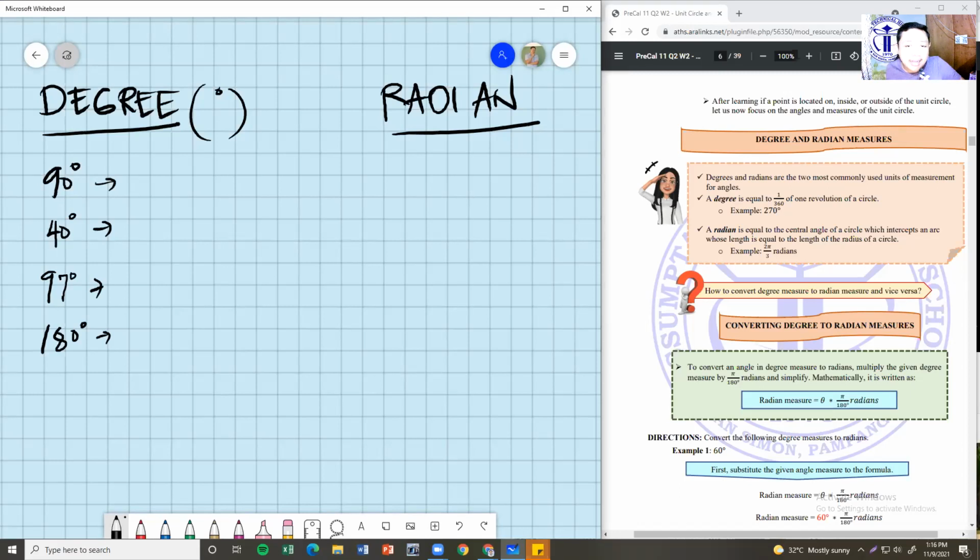Simply because we were boxed in by the concept of geometry, wherein in geometry we only have the acute, right, and obtuse. That's for geometry. But our lesson here is not about geometry anymore, but about trigonometry. So we go beyond 180 degrees.